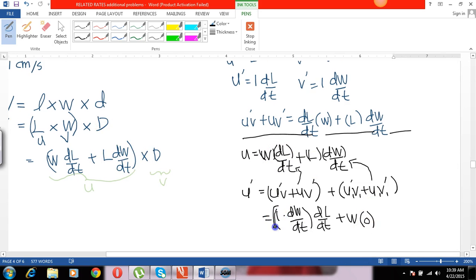So this is for the first equation, plus U prime L, differentiate L, we get 1 times dL over dt. Plus U, which is L, and V prime, differentiate 1, we get 0. Then this is actually 0.